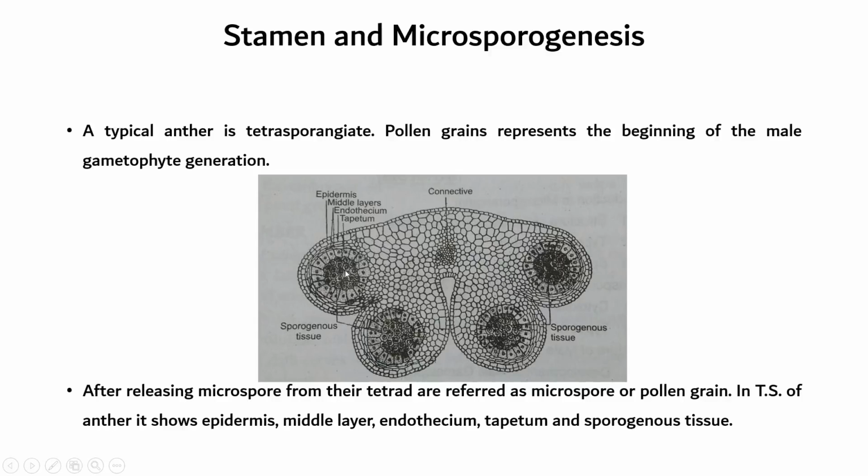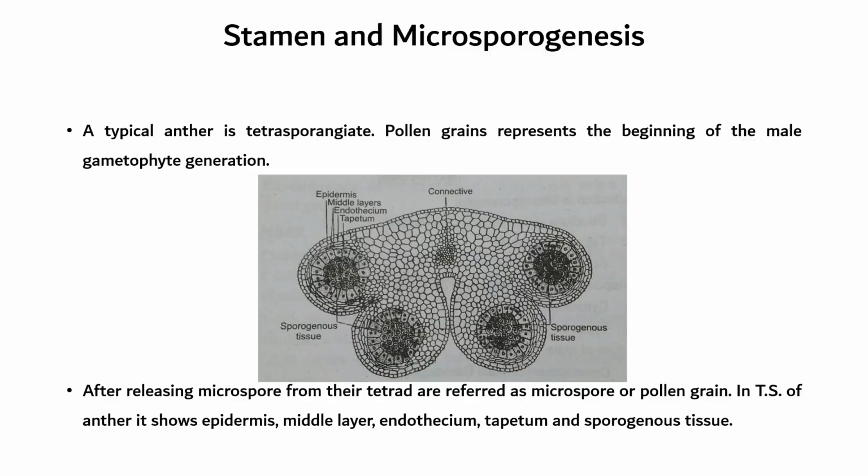And the innermost layer is the tapetum. Tapetum is the nutritive layer. It contains dense cytoplasm and prominent nuclei. Multinucleate condition is there. It completely surrounds the sporogenous tissue.